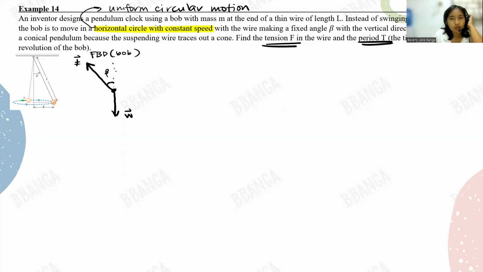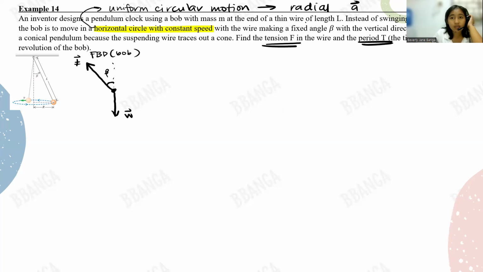Ngayon, there are no other forces acting on the system. So the next thing that we need to identify is nag-a-accelerate ba yung ating bulb. No? So kung tignan nyo, nag-accelerate ba siya? Ano sabi natin sa uniform circular motion? In uniform circular motion, meron tayong natawag na radial acceleration.